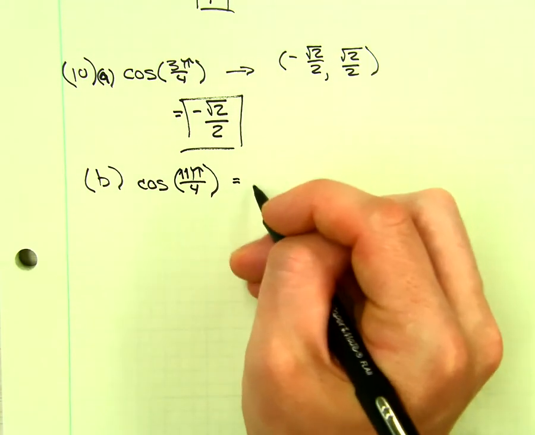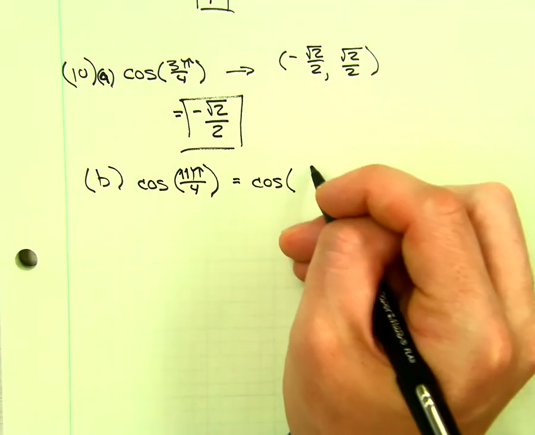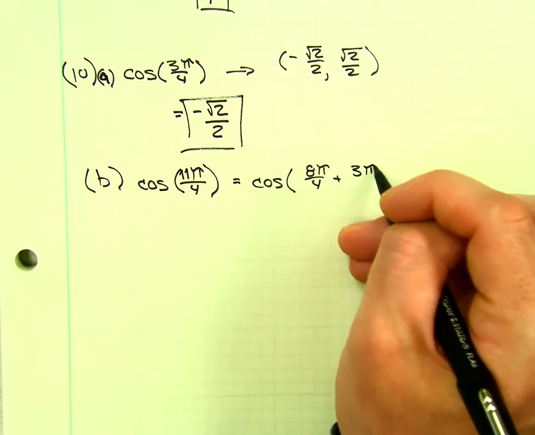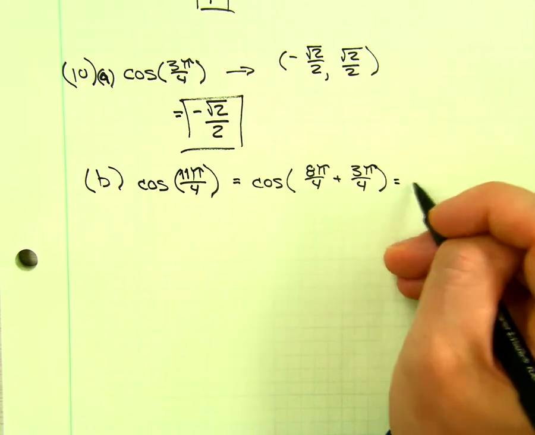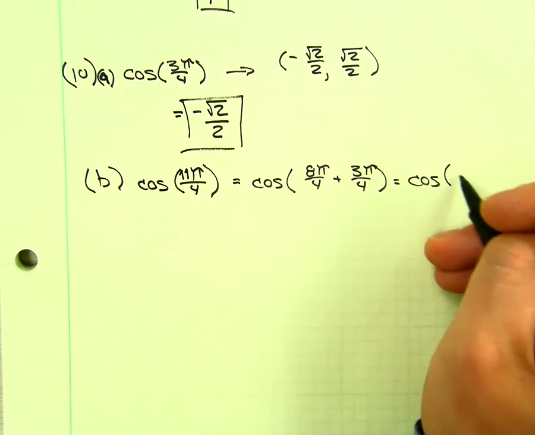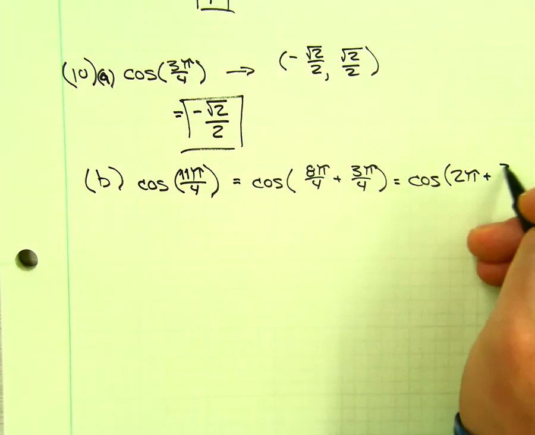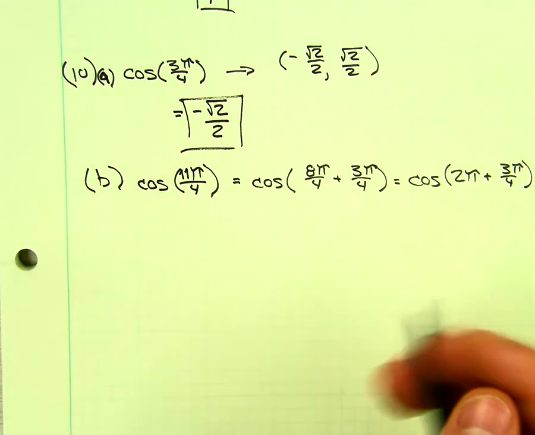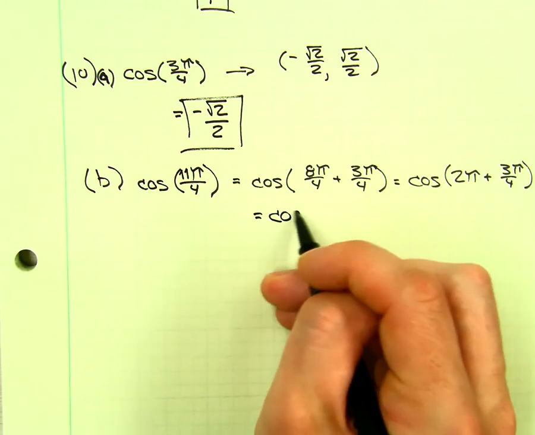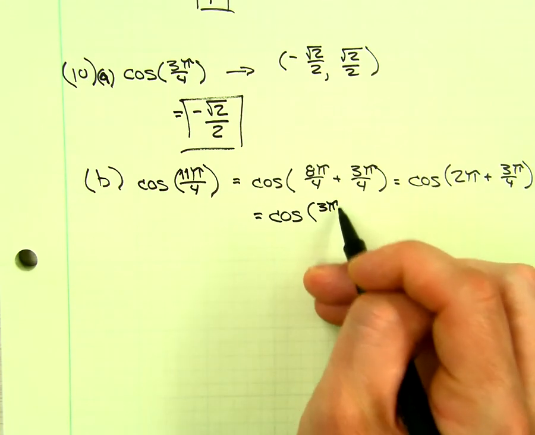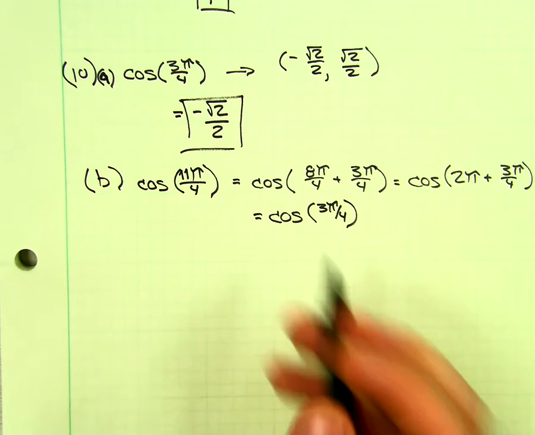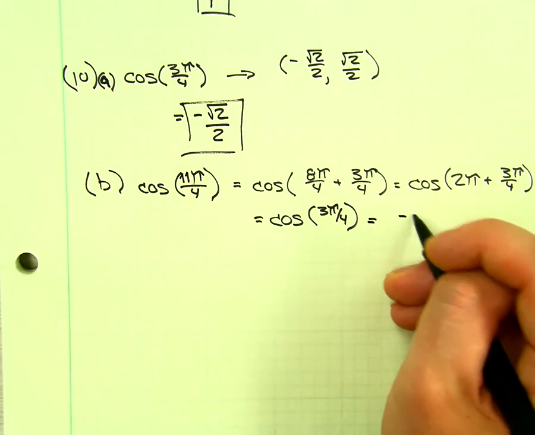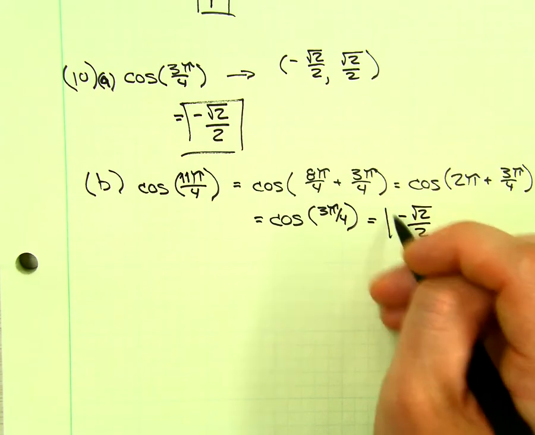So this is basically equal to just saying the cosine of 8 pi over 4 plus 3 pi over 4, which is equal to the cosine, 8 pi over 4 is just equal to 2 pi, plus 3 pi over 4. Boom. Now because it's a periodic function, I can just look at the cosine of 3 pi over 4. Well, I already know what the cosine of 3 pi over 4 is. I just figured that out. So I know that this is going to be negative square root of 2 over 2.